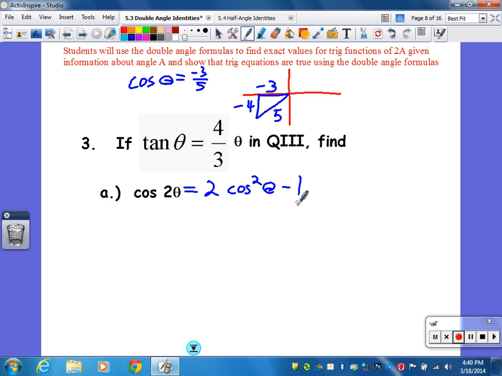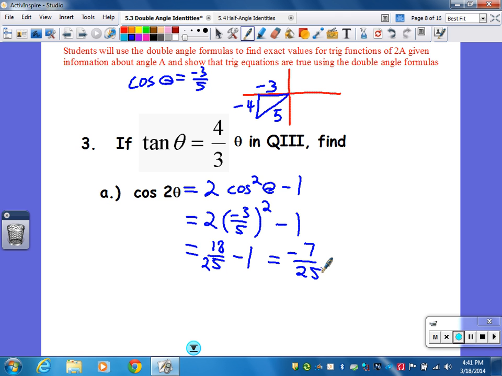Now we just plug in what we know. So we have 2 times negative 3/5 squared minus 1, which is equal to 18/25 minus 1, which is equal to negative 7/25.